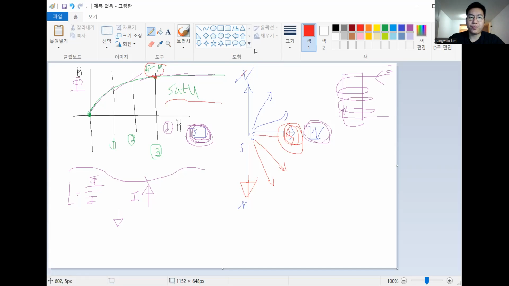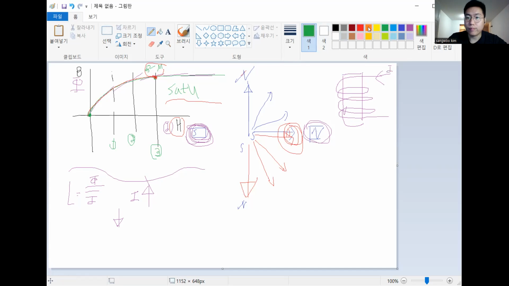The matter is, guys, when we decrease this H, as we expected, it should come back like this. We thought it would return along the same path. But actually, it didn't. That's why we say hysteresis loss happened.